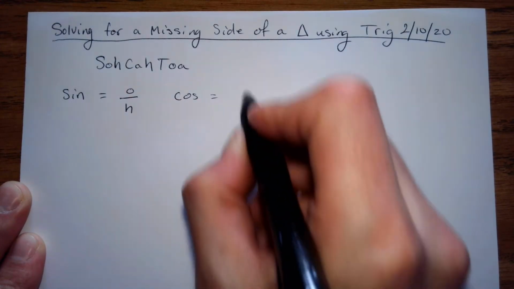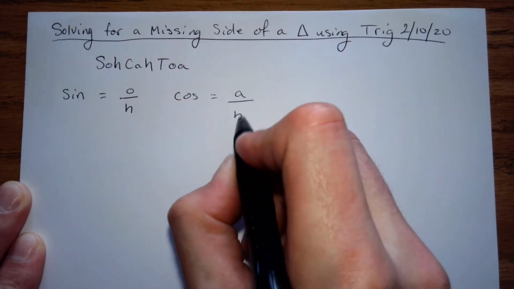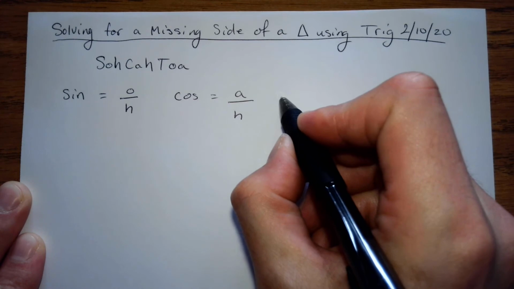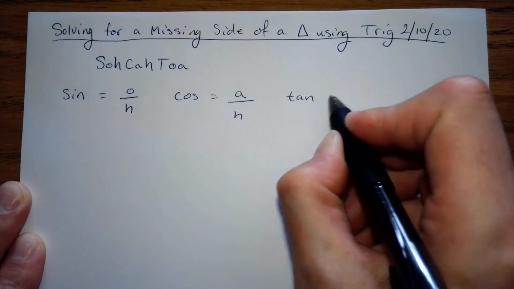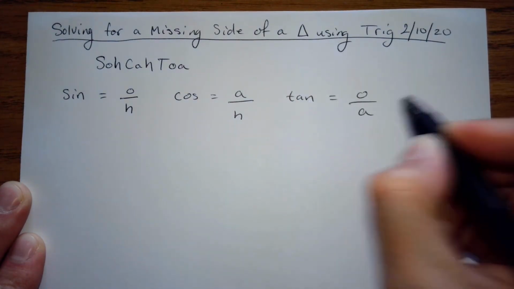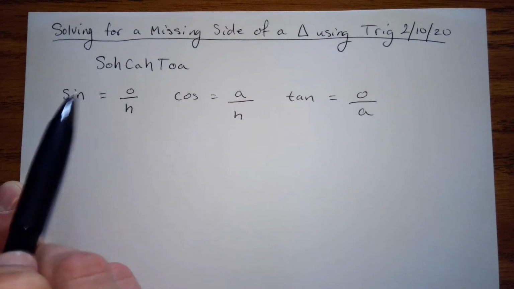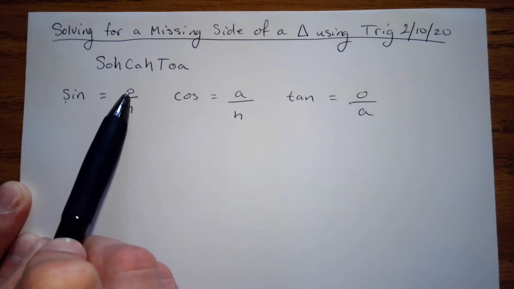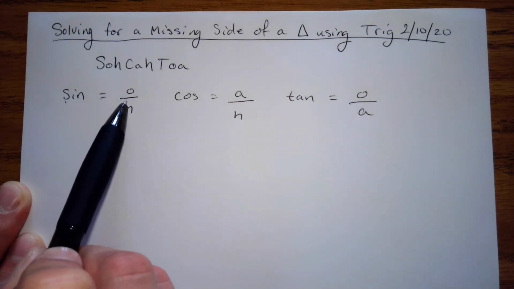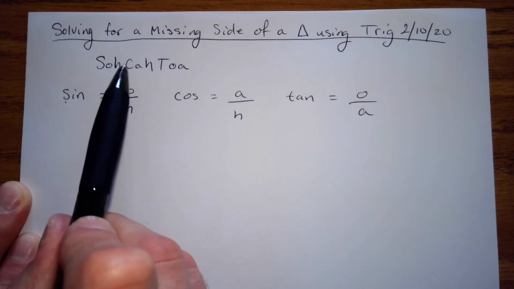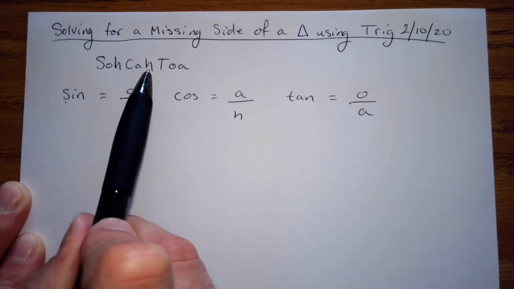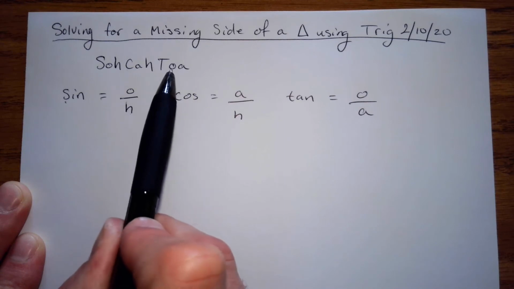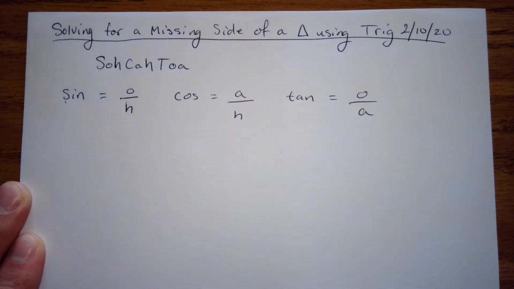Cosine was the adjacent side over the hypotenuse, and tangent was the opposite over the adjacent. Sine is the opposite over hypotenuse, and cosine is the adjacent over hypotenuse, tangent is opposite over adjacent.